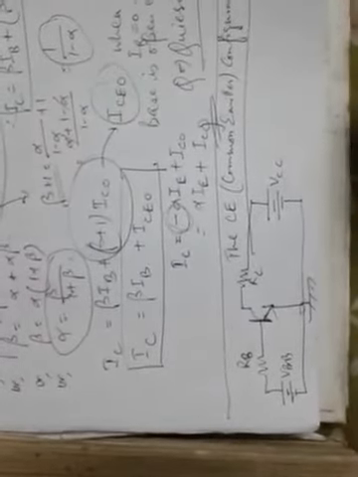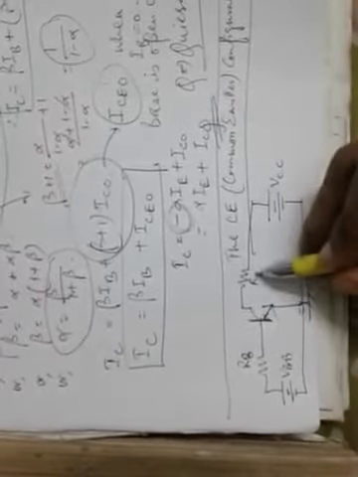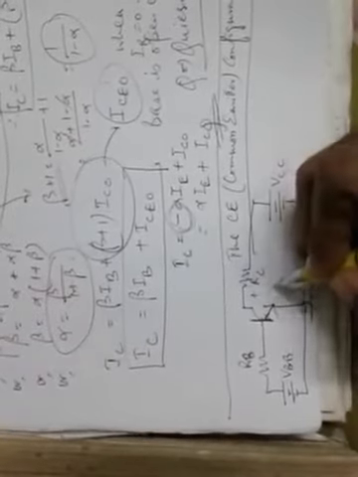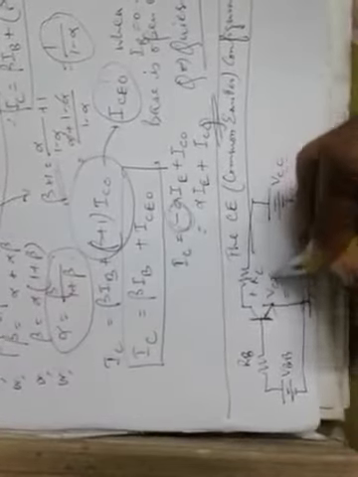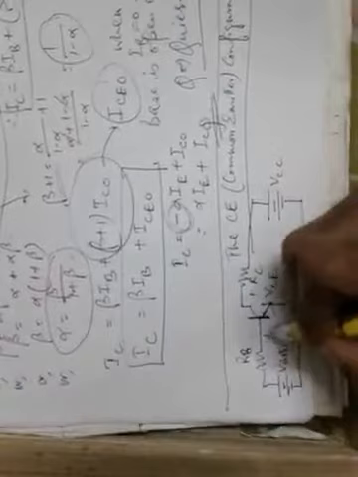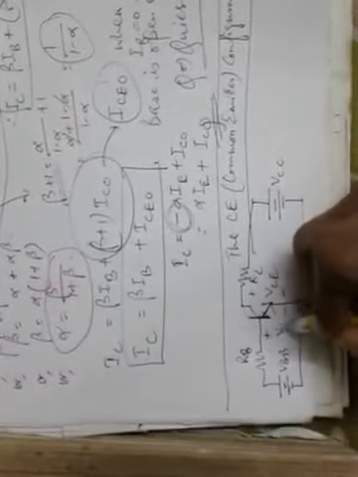Since it is common emitter configuration, the emitter is grounded, because this side is base, this side is emitter, and this terminal is collector. You already know voltage between collector and emitter is VCE, and voltage between base and emitter terminal is VBE.